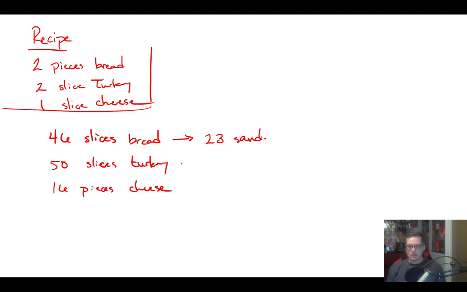If I used all my turkey, I could make 25 sandwiches. So I couldn't make 25 sandwiches because I'd run out of bread for my last 2 sandwiches. And if I used all my cheese, I could make 16 sandwiches. So the total sandwiches that I could make is this value right here, 16 sandwiches. Based on the stock we have now, I could only make 16 sandwiches.